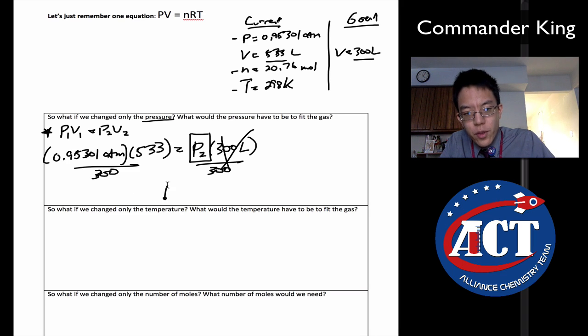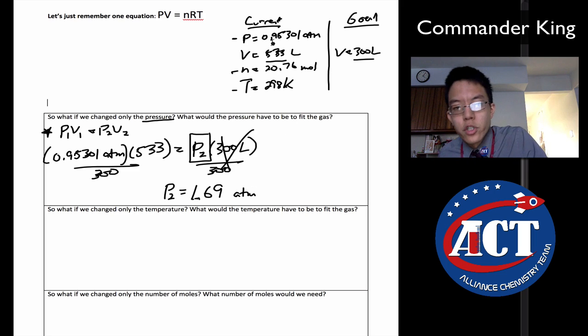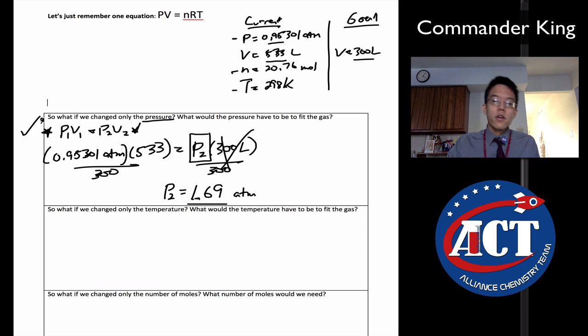And so I figured out that pressure 2 is equal to 1.69 atm of pressure, with 3 sig figs. And just thinking about whether this makes sense, my pressure was originally 0.95. I wanted to increase the pressure to get the volume smaller, and indeed the pressure has increased. Okay, so again, this is if you memorize the formula. Boom, you've got it. That's great, you're done.